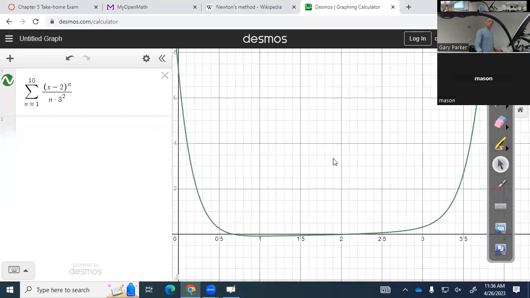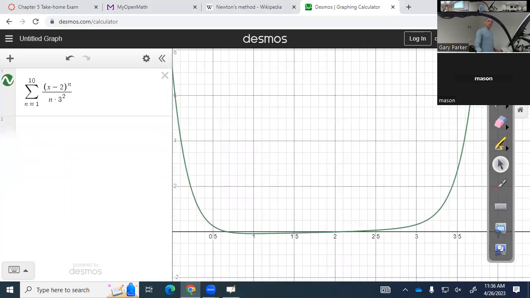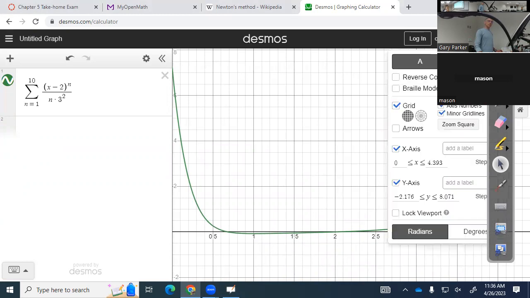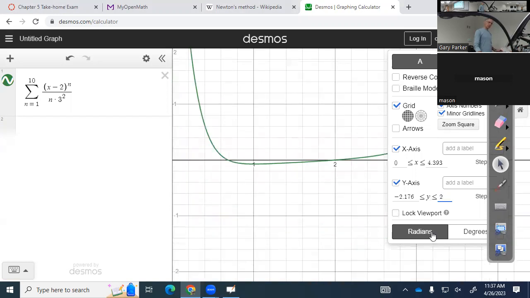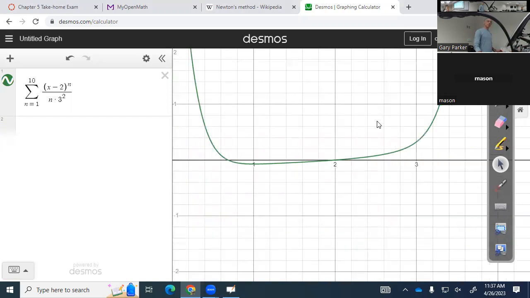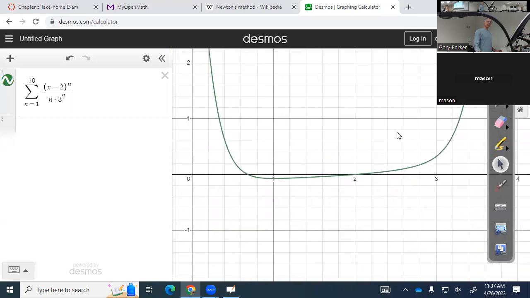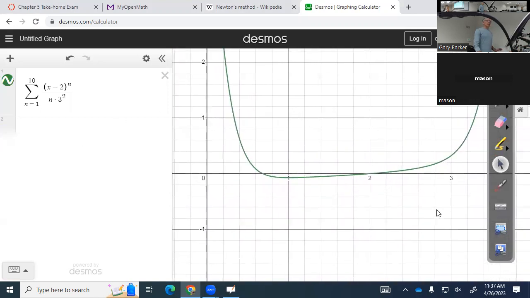Now, as far as this green thing goes, let's change the zoom on this a little bit. I have an interval centered at 2 that goes out to 5 on one side and -1 on the other.